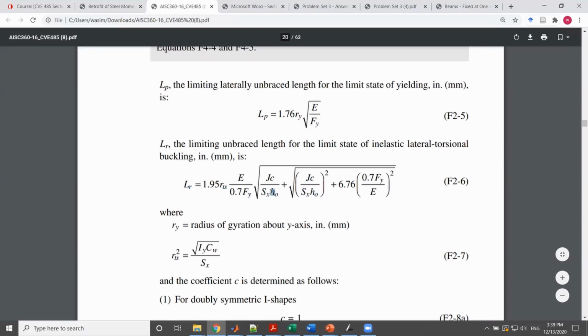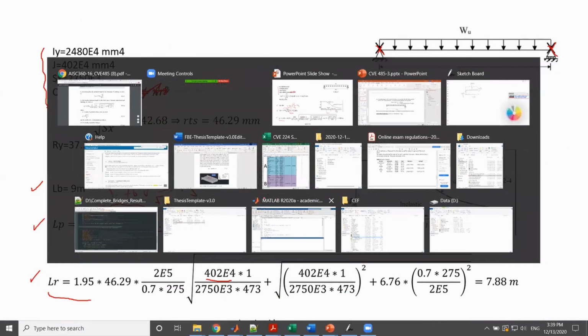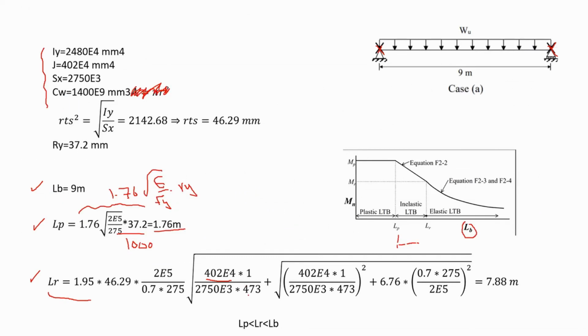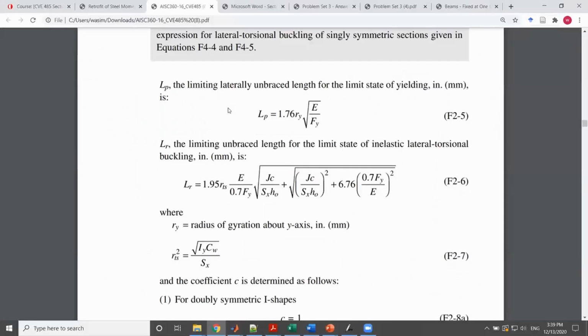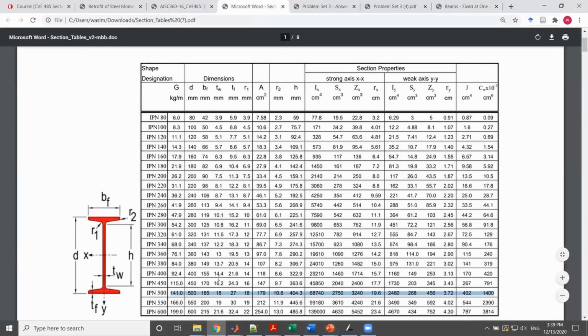There is ho. What's that ho? Let's see. So in here, ho is set as 473. How would I obtain ho? I'm going back to IPN 500. And ho is going to be the distance between the centroid of the flange to the centroid of the other flange.